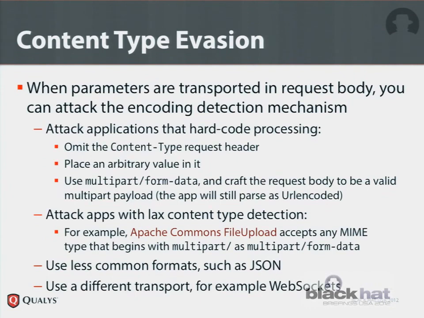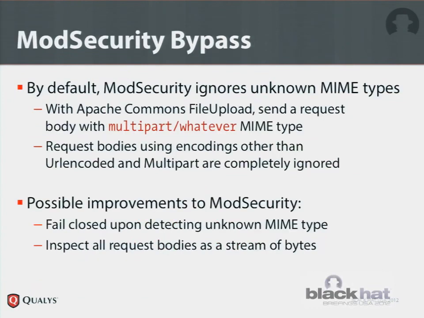I discovered that the file upload library will accept as multipart form data anything that begins with multipart and then a slash. So this means you can perform a ModSecurity bypass simply by sending multipart/whatever as the MIME type.